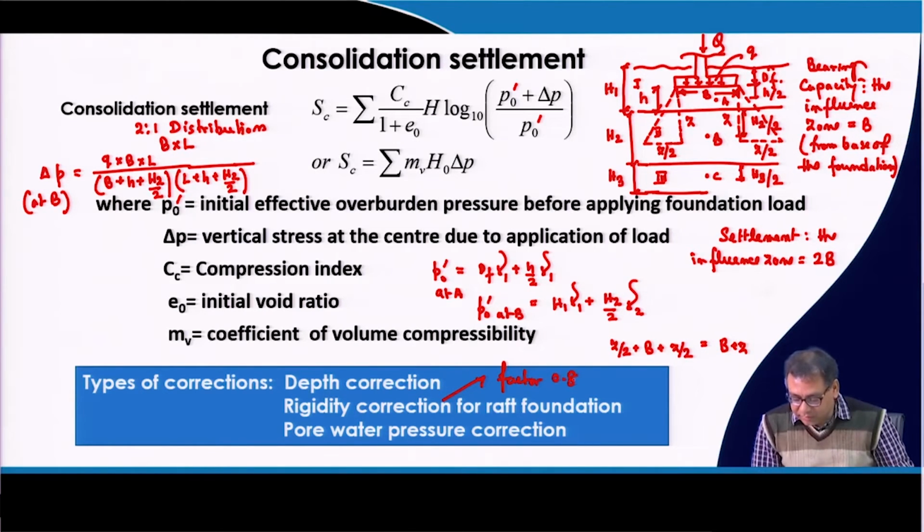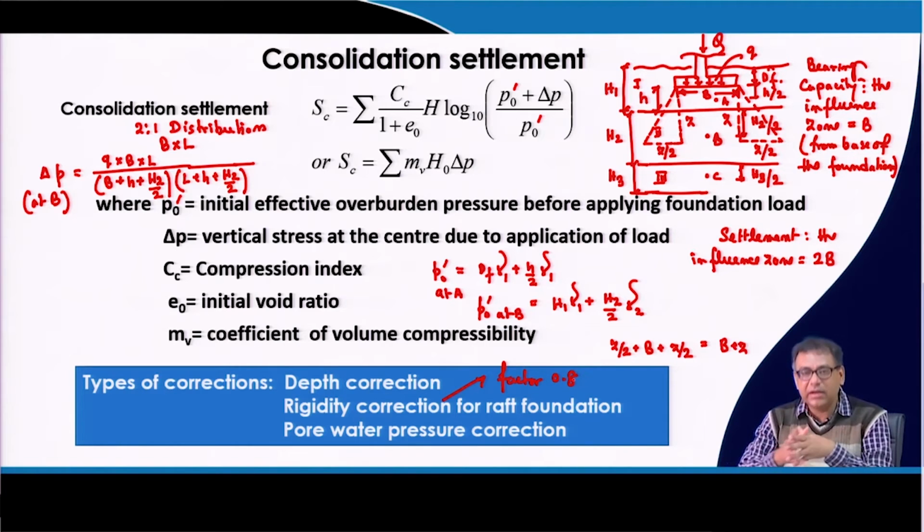Then another correction we have to apply, which was not applied in the immediate settlement, that is the pore water pressure correction. What is that? Because this theory is called the 1D consolidation theory. That means it is assumed that the consolidation is going only in the vertical direction, but in the actual field, when we apply a load or stress on a particular soil, the water can move in any of 3 directions.